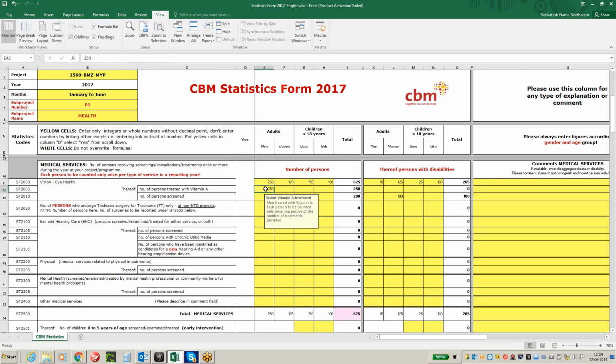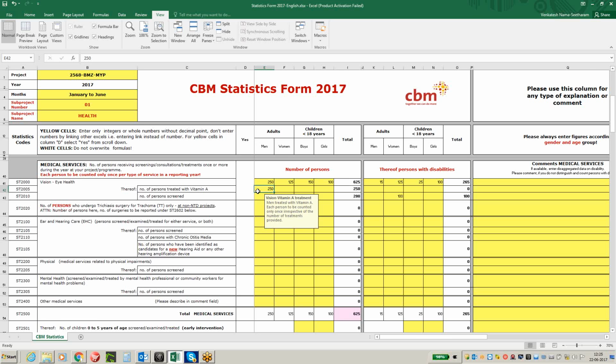I don't know whether you were aware of the previous forms from 2014. Just for your information, till 2014 we had 7 to 8 different worksheets for each impairment, and it was around 430 to 450 statistics codes that the partner had to fill in.